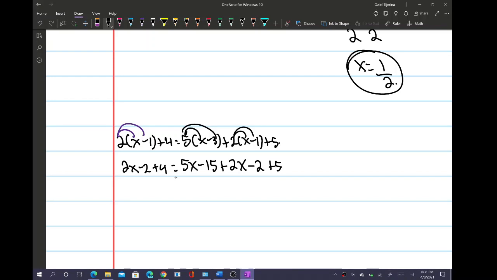So you have 2x minus 2 plus 4, that's 2x plus 2, equals 5x plus 2x, so 7x, and minus 15 minus 2 plus 5 is minus 12. So 2x plus 2 equals 7x minus 12, right?